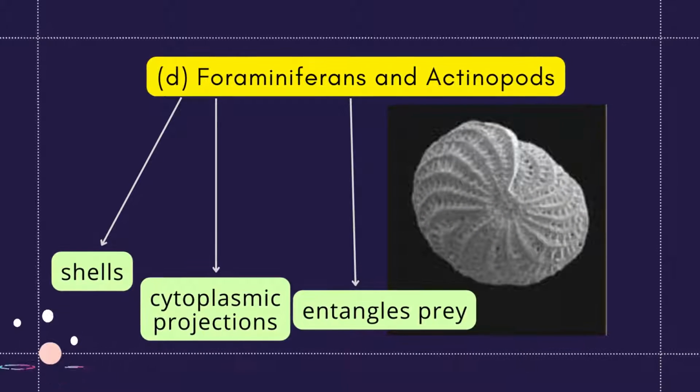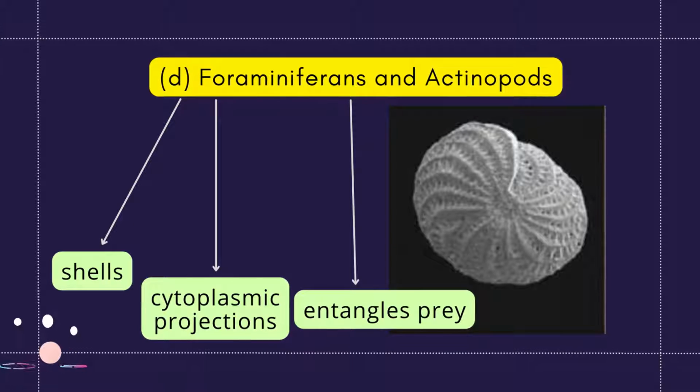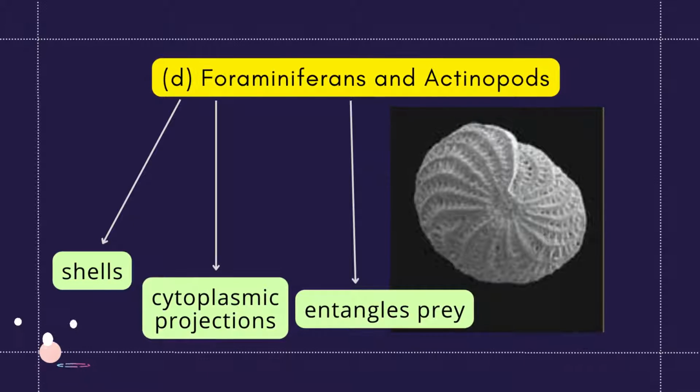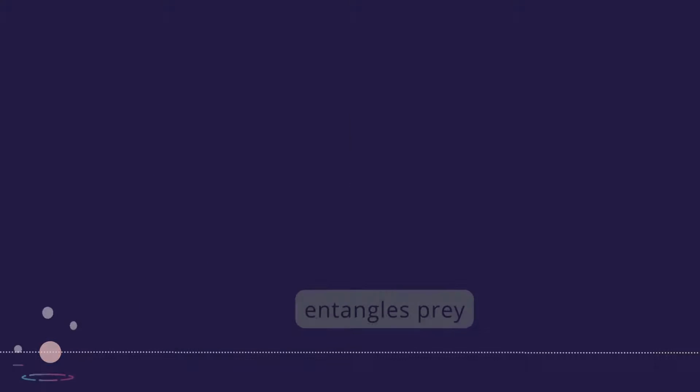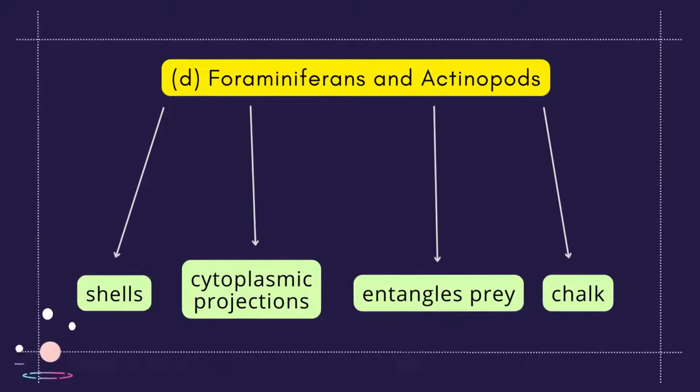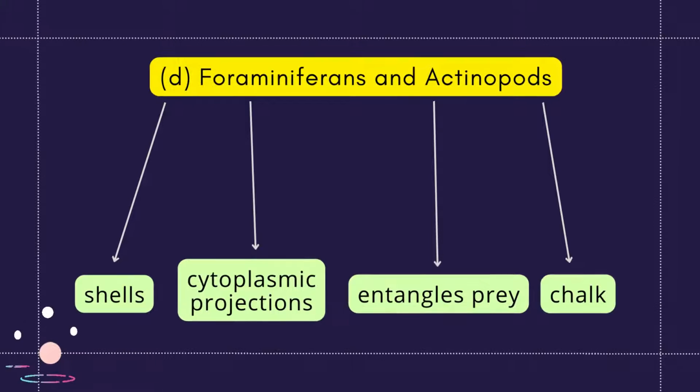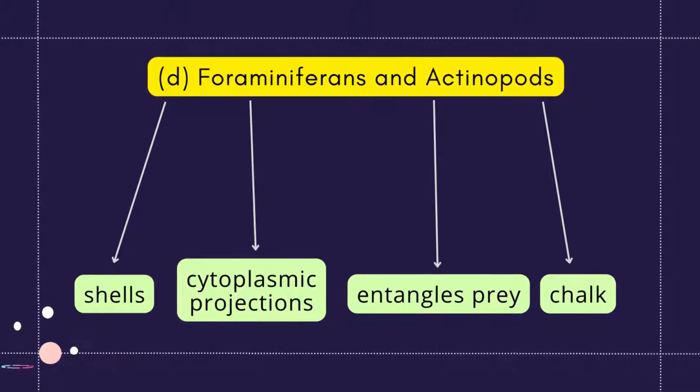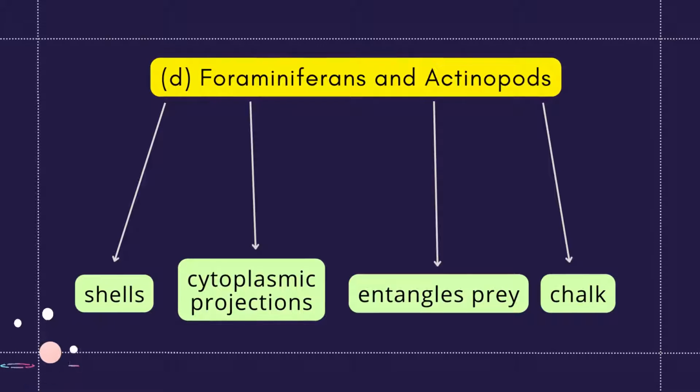These cytoplasmic projections play a very important role in entangling prey. They form a sticky interconnected net that entangles prey, helping in catching or attracting prey. Chalk formation is another important feature of foraminiferans and actinopods.